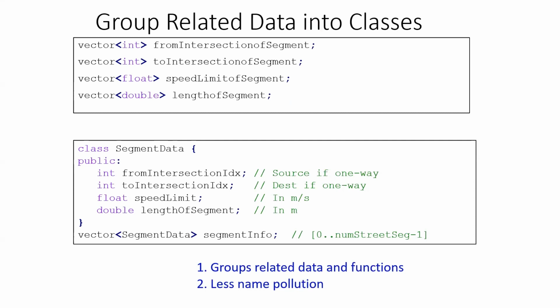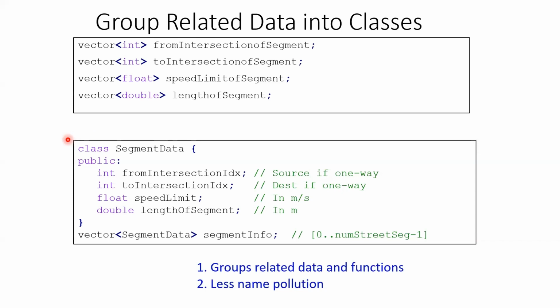We also ask you to group related data into classes. This is less important from the marking perspective. But if you can group all of your global variables, different vectors, into classes or structs, we recommend using classes. This can be a source of defensive coding.